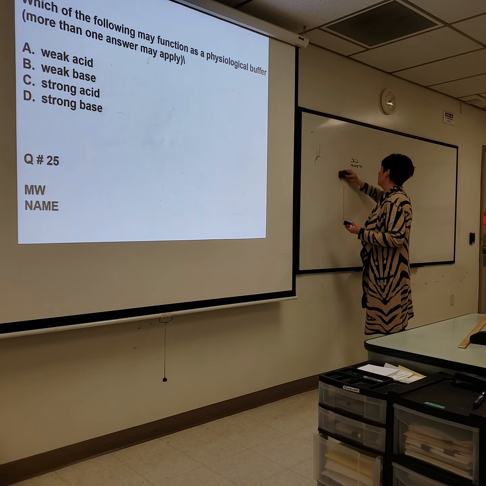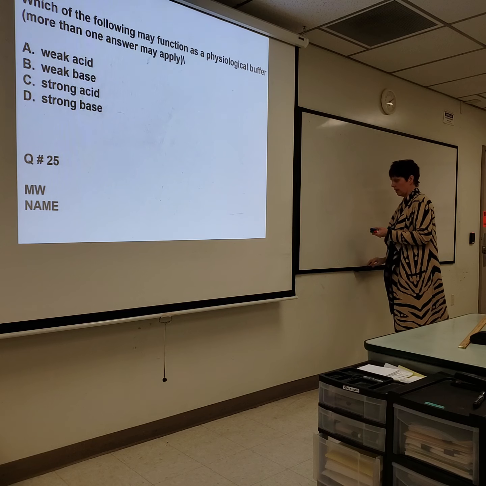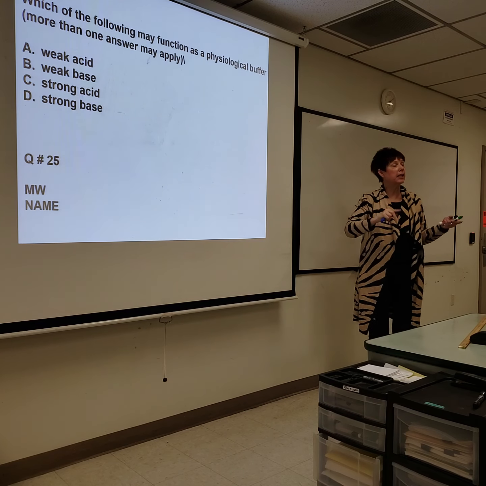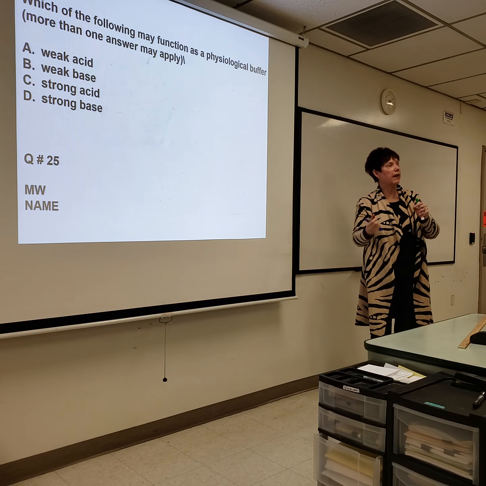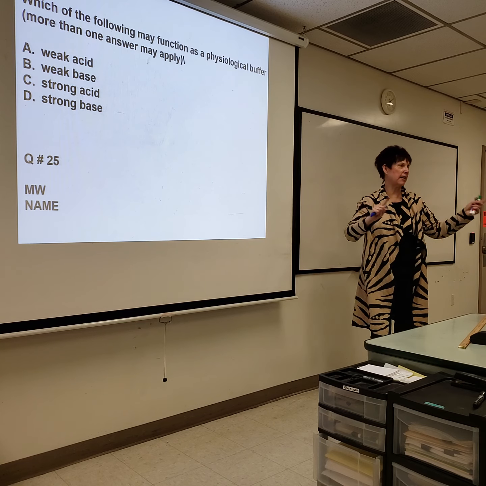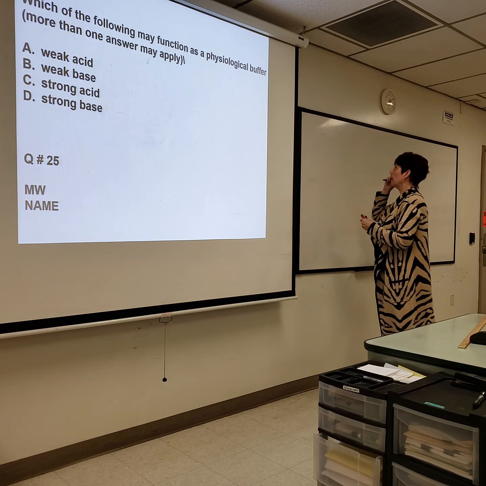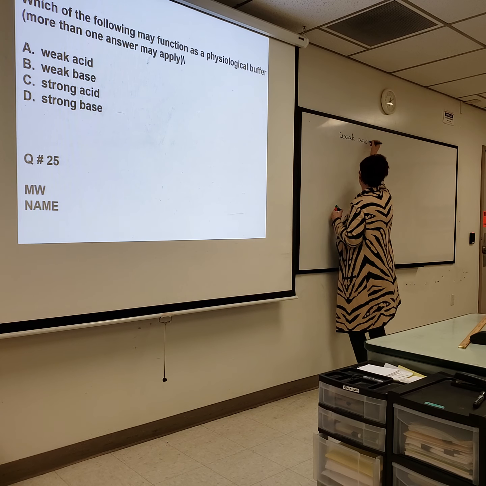So our buffer has to be one or the other. So how do we define a buffer then? A buffer is a molecule that can do either. It can either accept a hydrogen ion or it can give up a hydrogen ion, okay? A strong acid or strong base only does one or the other. So either a weak acid or a weak base functions as a buffer.